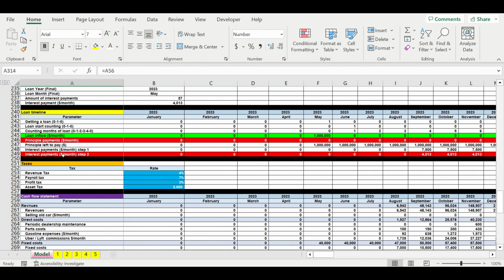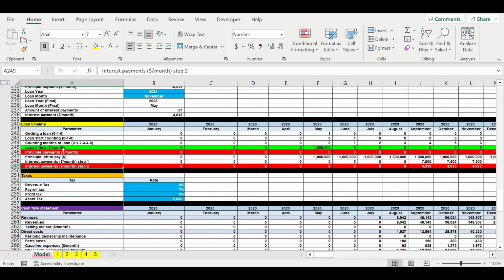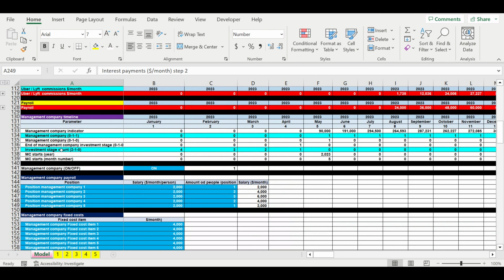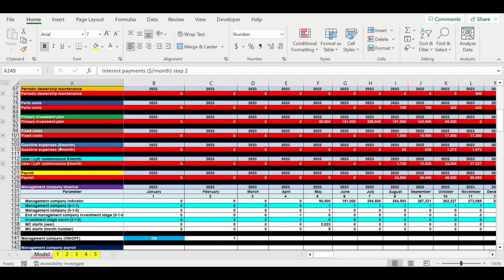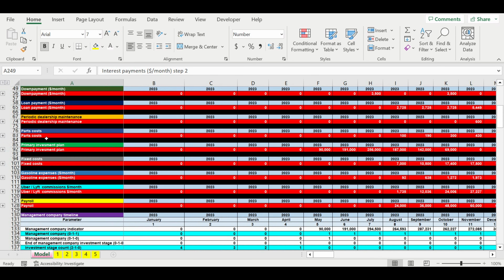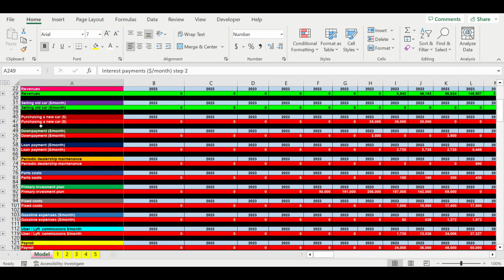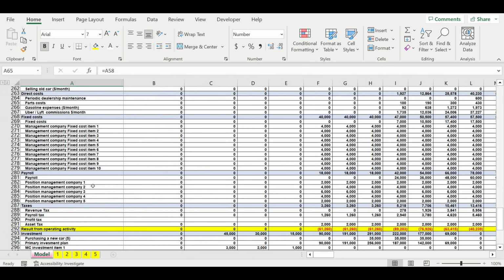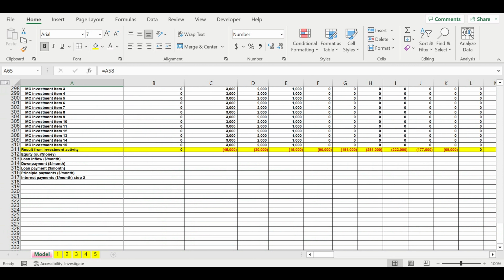So investment interest payments added, principal payments added, loan inflow added, else fixed, down payment for the cars, loan payment for the cars added, then extrapolate this formula to the right.